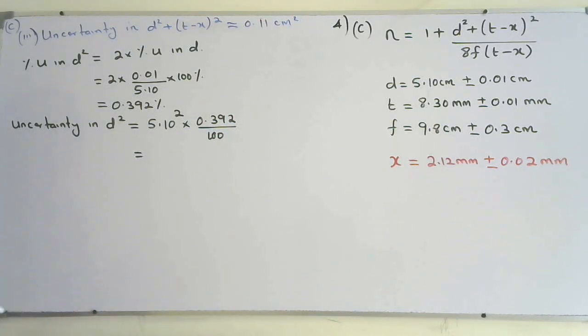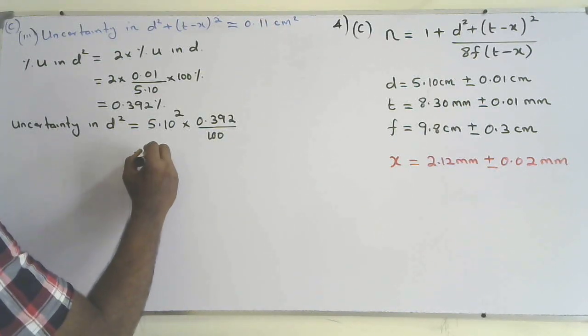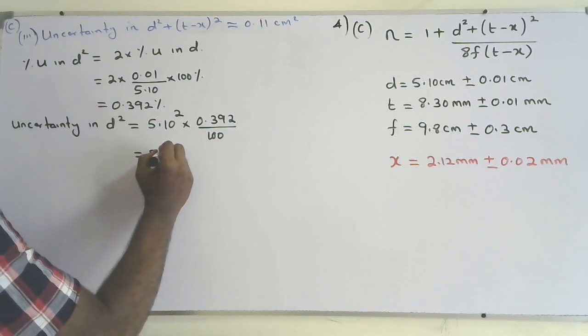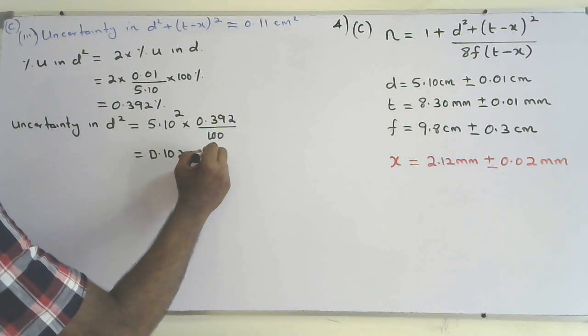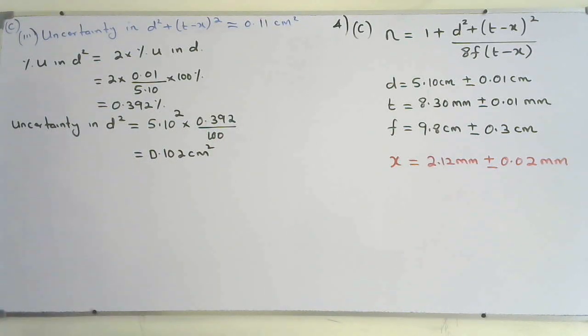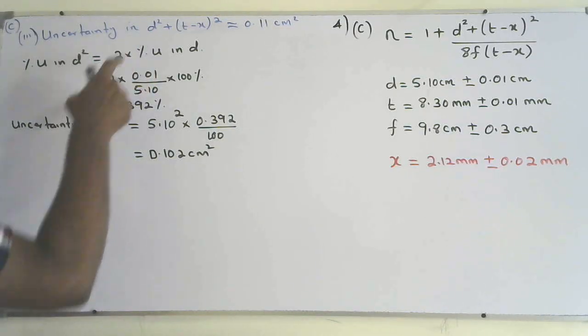So you will get 0.102 centimeter squared. So I found the uncertainty in d squared.